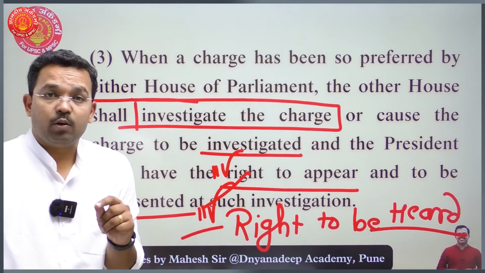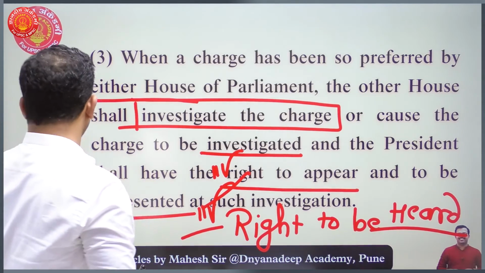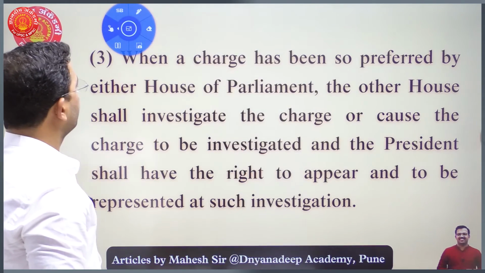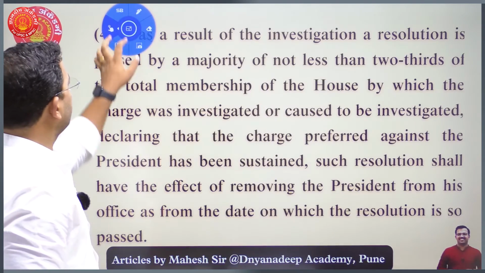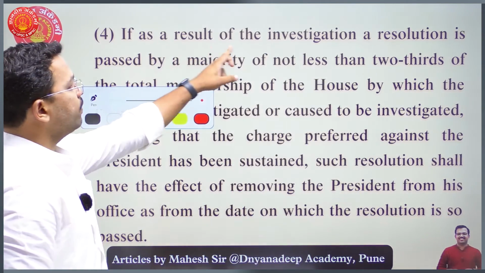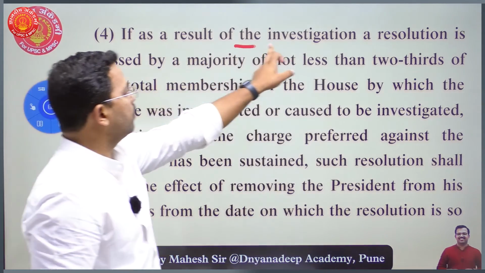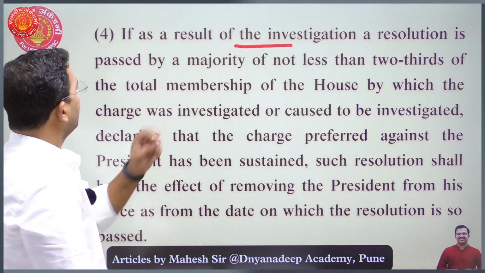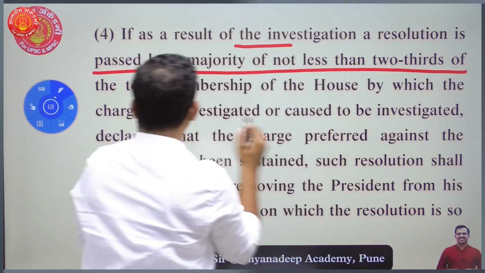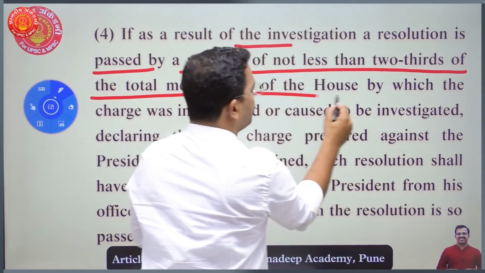Now, when the second house investigates the charges, then what happens? If as a result of the investigation, that is, once the investigation is over, a resolution is passed by a majority of not less than two-thirds of the total membership of the house.